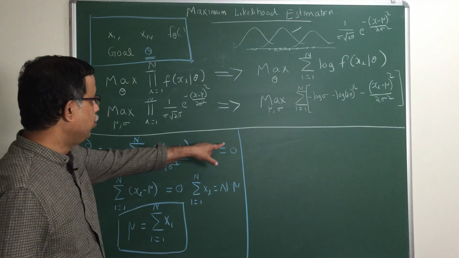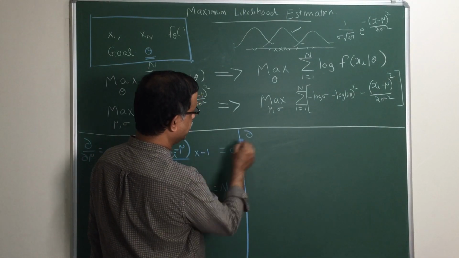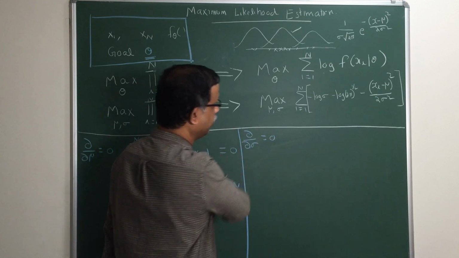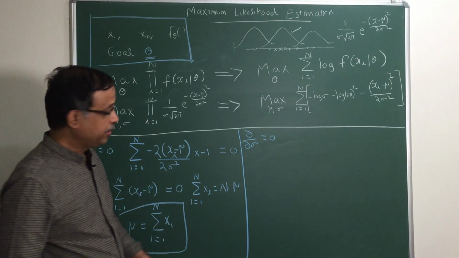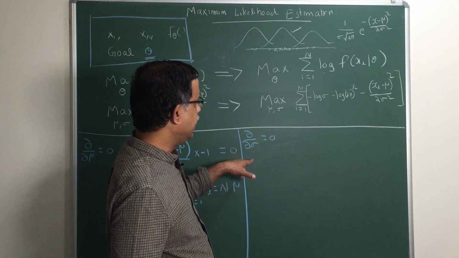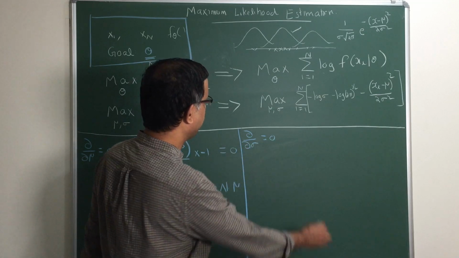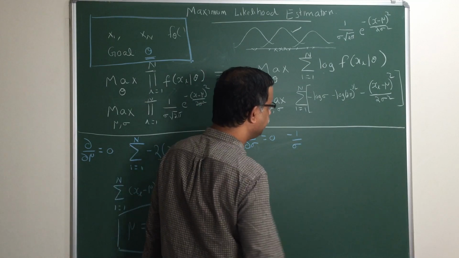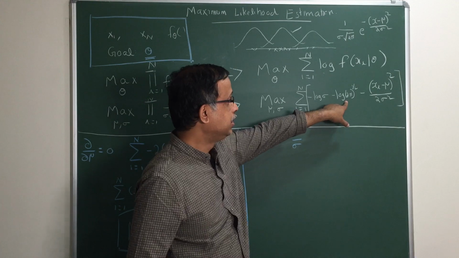The same thing that we could do for variance or standard deviation. So you can differentiate with respect to sigma and equate to 0. When you differentiate with respect to sigma and equate to 0, you get minus 1 by sigma. This term is independent.